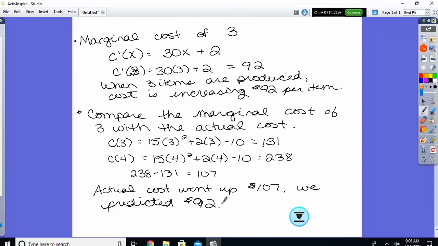I may do, I have a whole packet full of sample problems, but let's do one of the ladder problems.